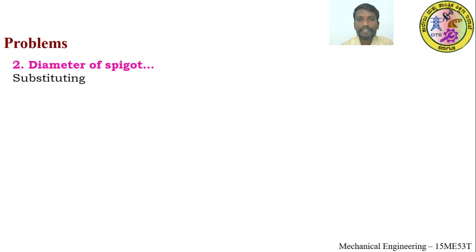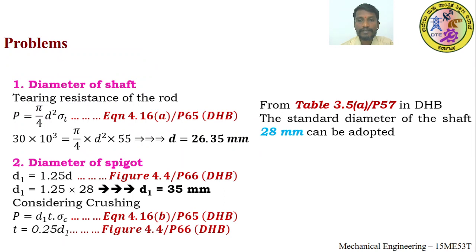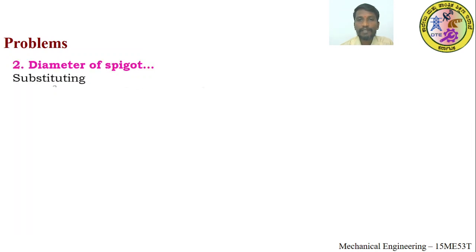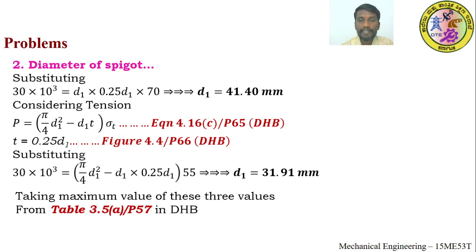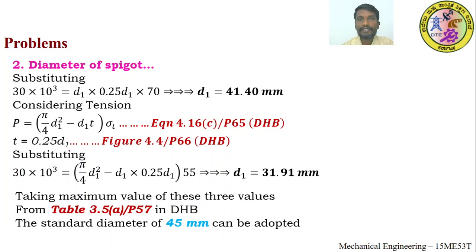So, taking the maximum of these three, 35, 41.40 and 31.91, we will take 41.40 as the diameter, and from table 3.5a on page number 57, we get d1 is equal to 45 mm as the standard diameter. This is the diameter of the spigot.